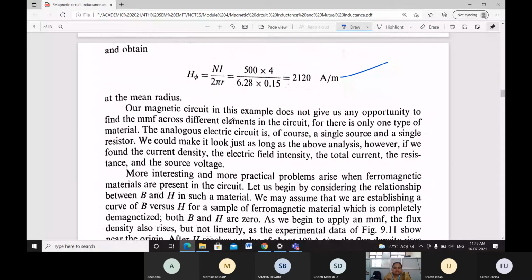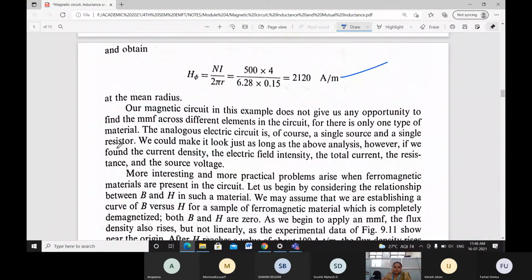Our magnetic circuit, in this example, does not give us any opportunity to find the magnetomotive force across the different elements in the circuit. For this, only the type of material matters. In the analogous electric circuit, which we learned in the electric circuits subject, there is a single source and a single resistor.